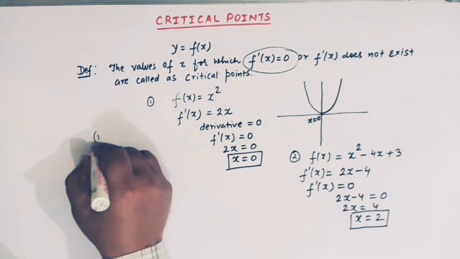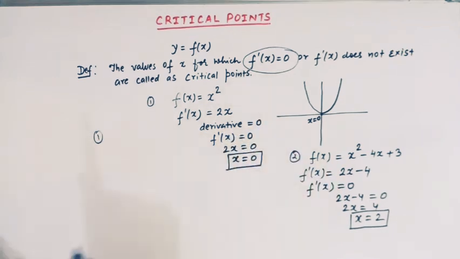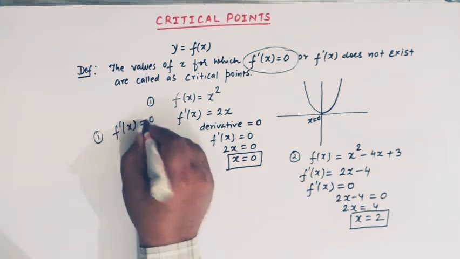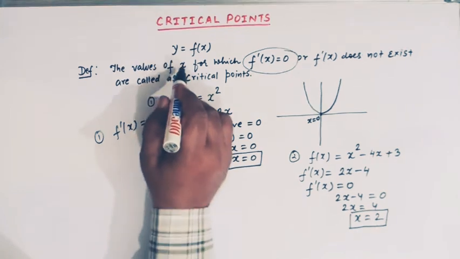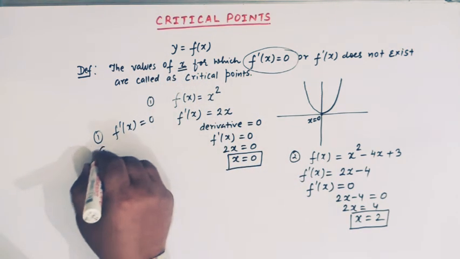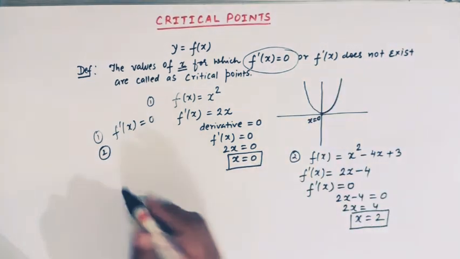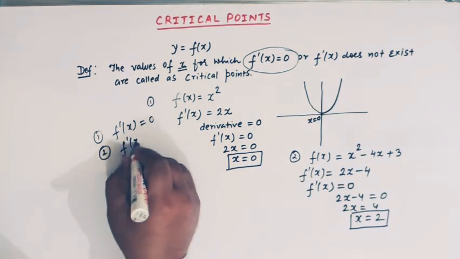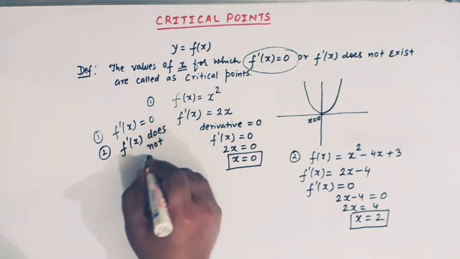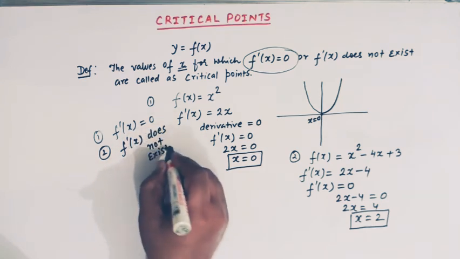So the first condition for the point x to be a critical point is that the derivative is equal to 0 at that point, right? And the second condition is that the derivative does not exist, right? The derivative does not exist at that point.